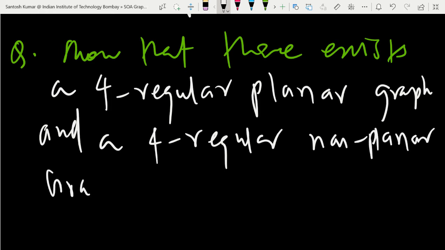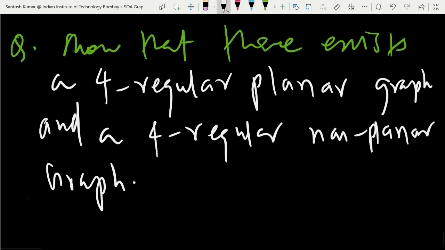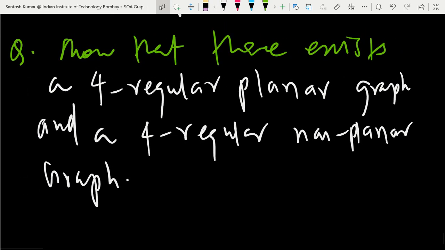So you just have to give an example: a four regular planar graph and a four regular non-planar graph.